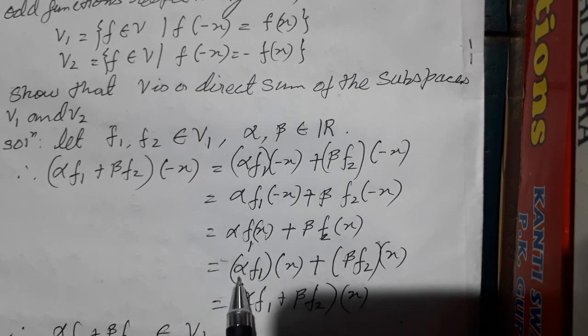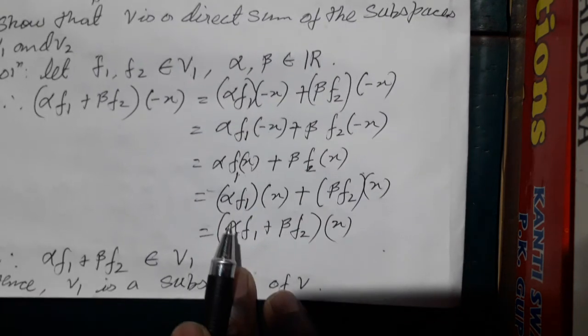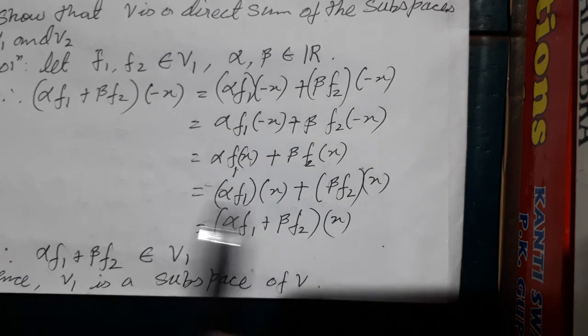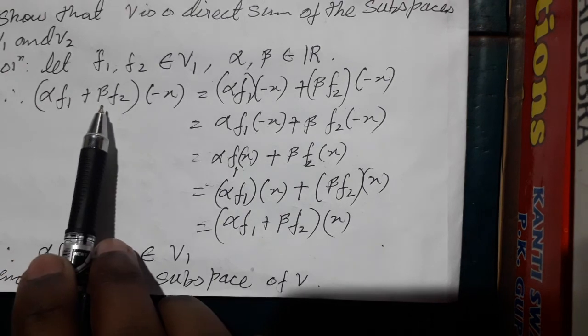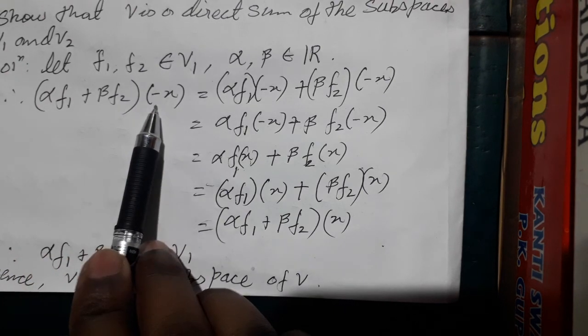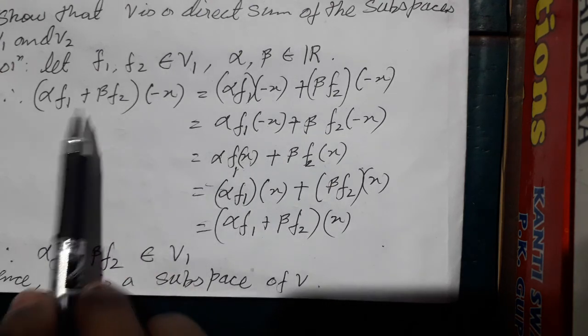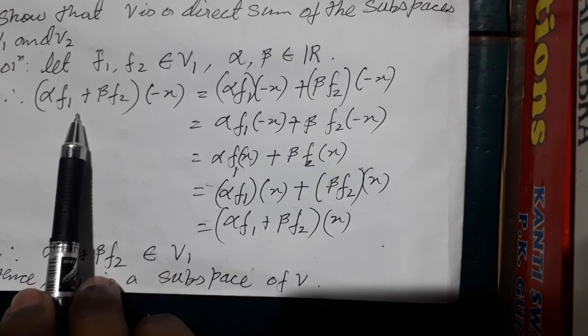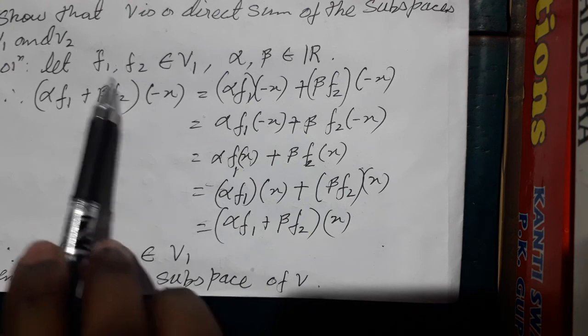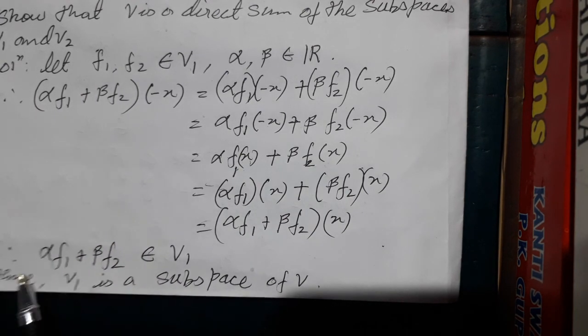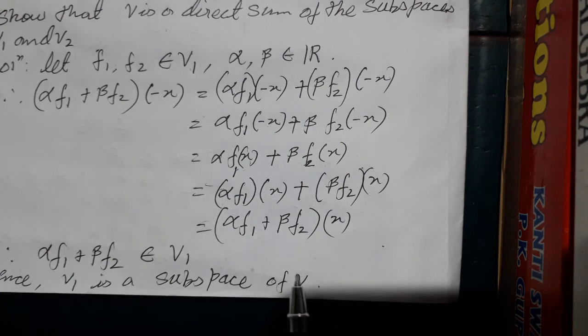So this can be written as alpha f1 applied on x plus beta f2 applied on x. You can take x out, so we get alpha f1 plus beta f2 applied on x. So alpha f1 plus beta f2 applied on minus x gives alpha f1 plus beta f2 applied on x. That shows this function is an even function, so it belongs to V1. Hence V1 is a subspace of V.